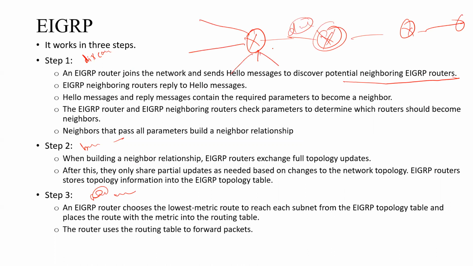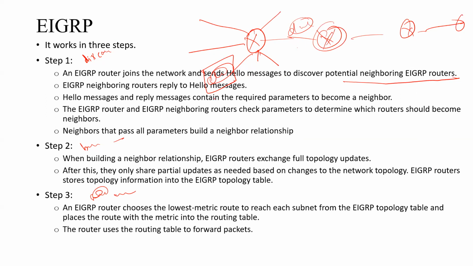It will first discover all the routers which are connected to it. What we are doing in the router is configuring the directly connected networks and configuring the dynamic routing protocol. After configuring the dynamic routing protocol, this router searches for the neighboring routers, which means discovering the neighboring routers.